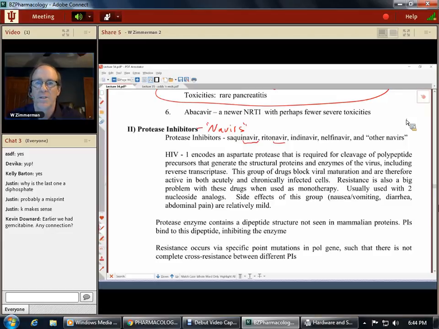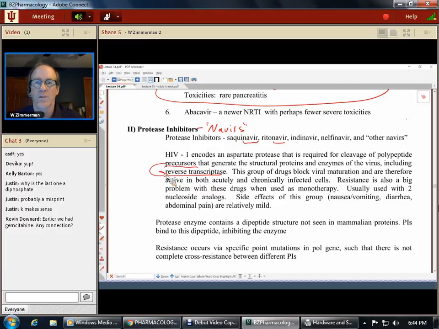Let's see. HIV-1 encodes this protease that's required for cleavage of these precursors in the virion particles to generate the proteins. They even include reverse transcriptase, one of them, an important one.